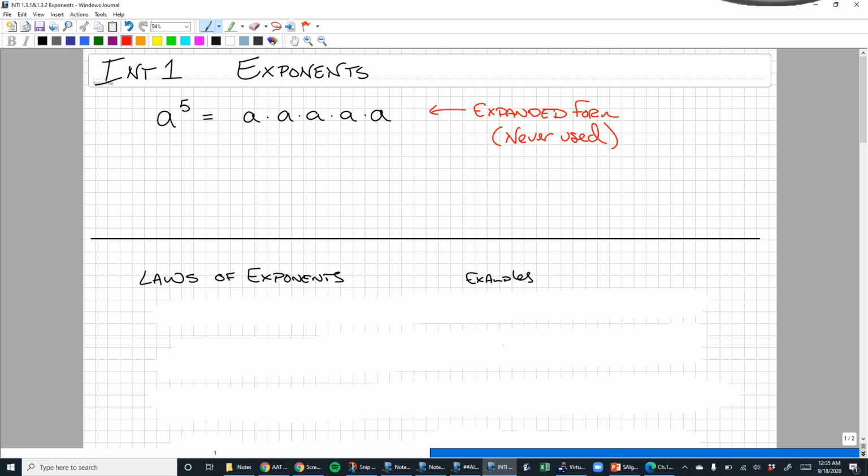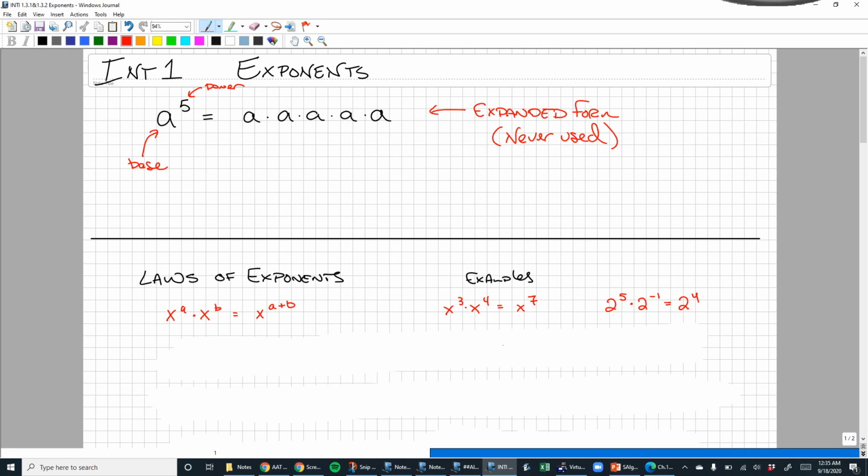One of the first laws of exponents is how we put together things that are being multiplied by each other that have the same base. Now, we didn't talk about what a base was, but this right here is the base, and this up top is the power, or the exponent.